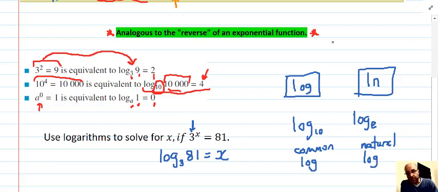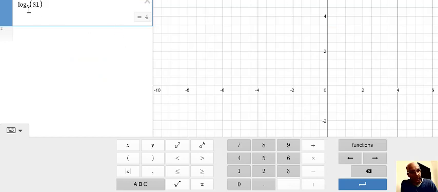But some calculators and software have a template where you can use any base there. This is what we can do. I've used Desmos, for example. You can see right there that I've got log of 81 to base 3, and the answer is 4.